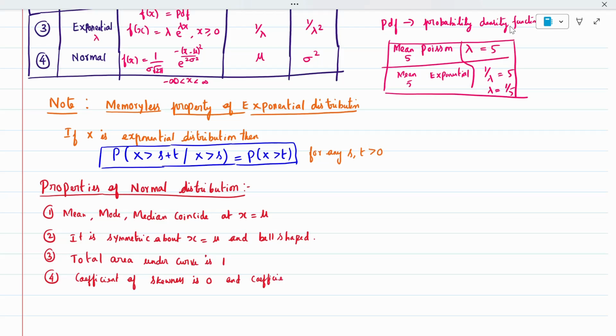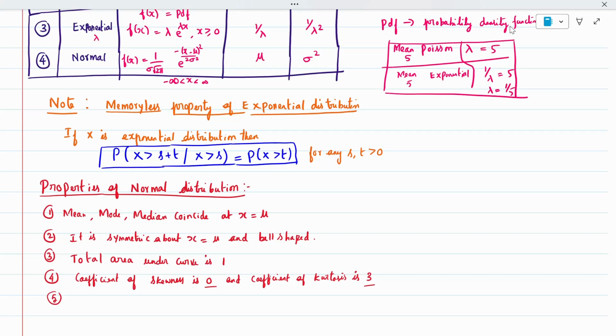Skewness and kurtosis are MTech oriented, not for you now, but you have to remember it as one of the properties.